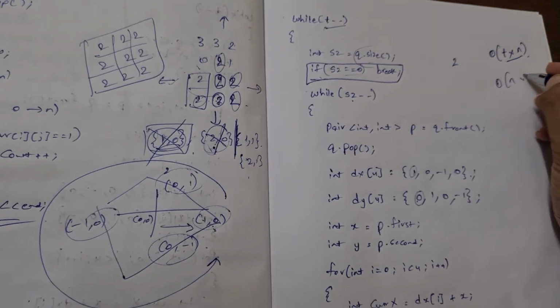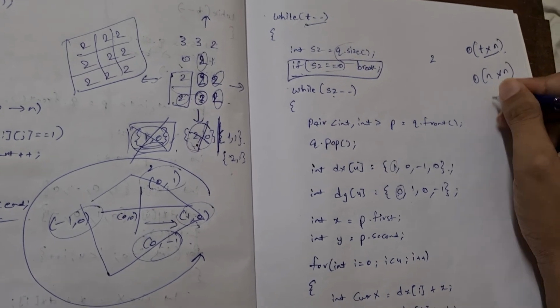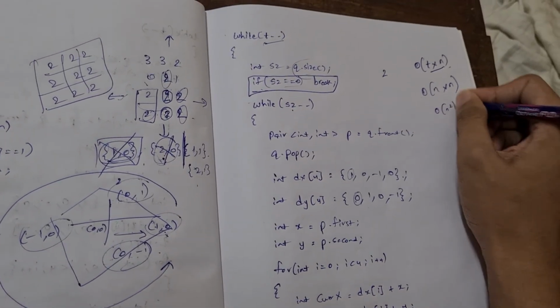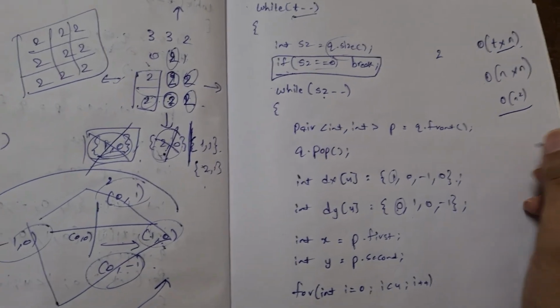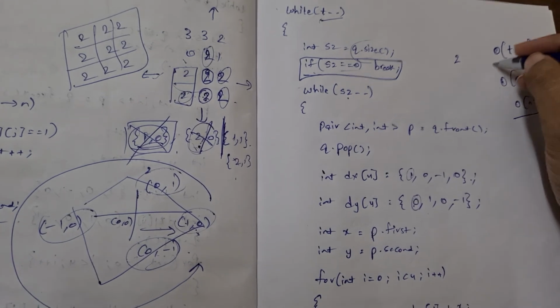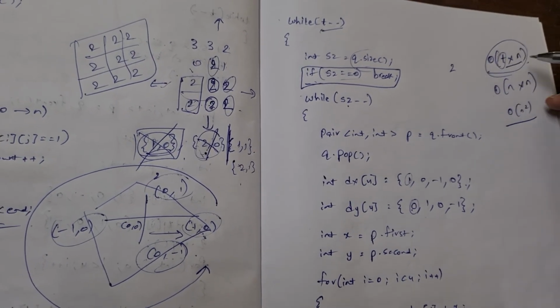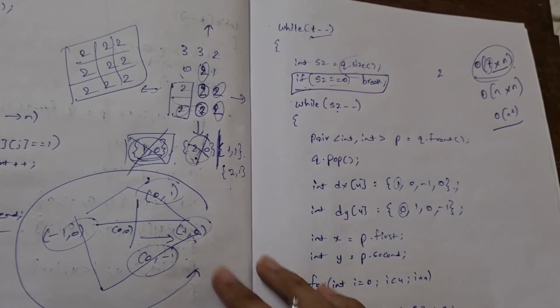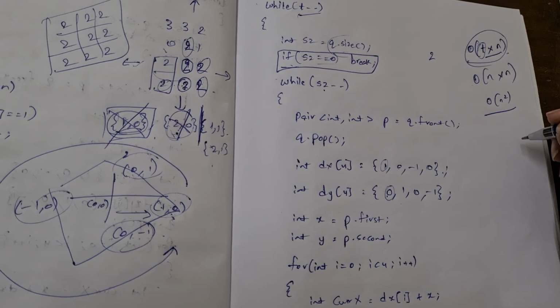So O of n, and since this will be running for n times, we get O of n square as the worst case time complexity. So this is the worst case time complexity, and without adding this, we will be having O of t into n. It depends on the t. It might be greater than O of n square. So this is our time complexity.